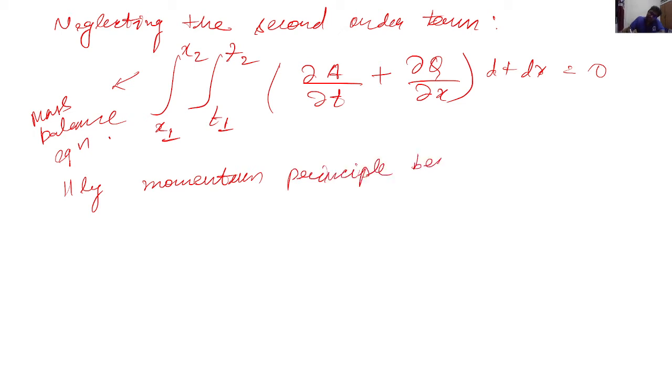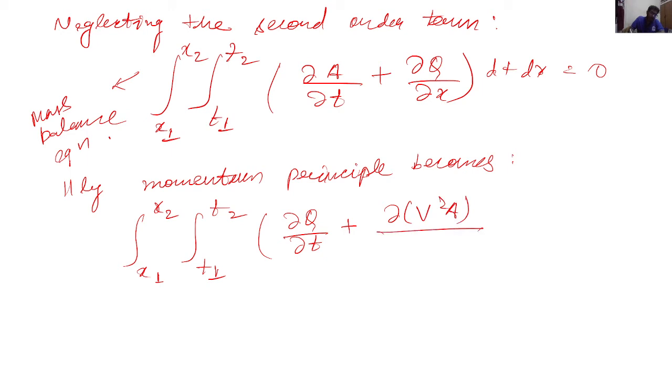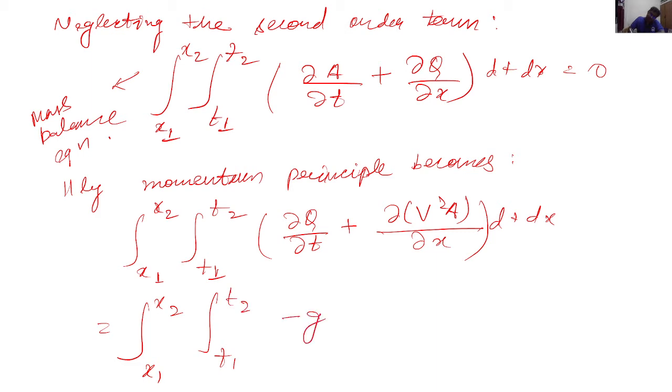The momentum principle becomes, again, the integral from time t1 to t2 and position x1 to x2 of del q by del t plus del v square a by del x times dt dx, minus g times the terms on the right hand side of the momentum expression for the Saint-Venant's equation, del I1 by del x minus I2 minus S naught minus SF, that is the bed slope minus the friction slope, times A times dt dx.